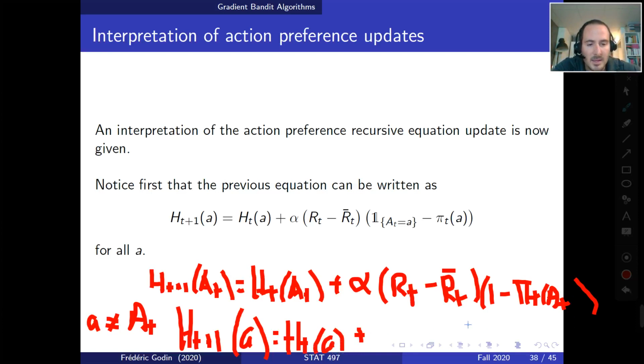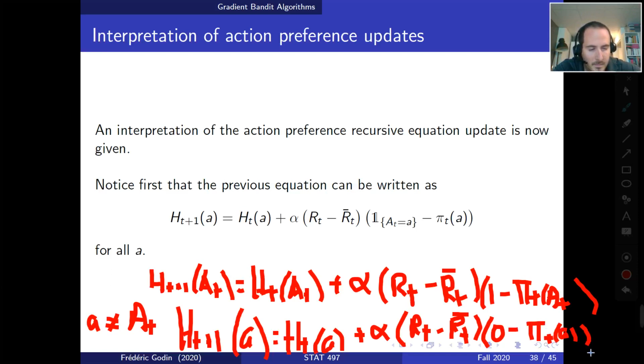The minus sign, I'll place it at the end, but this is plus alpha (R_t minus R_t bar) times (0 minus pi_t(a)). So the minus sign I've placed here instead. So we can see that, again, this expression holds. For all actions a, if a is different than A_t, this becomes a 0. So it's exactly this expression, which is the one we presented earlier.